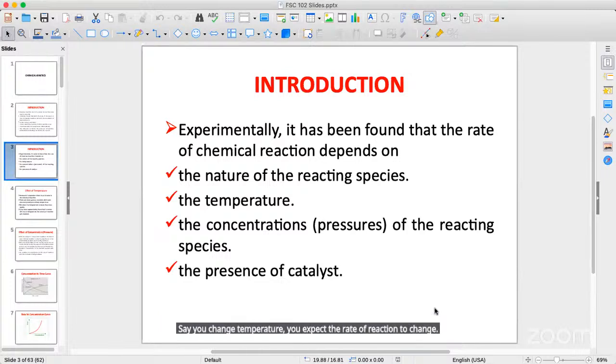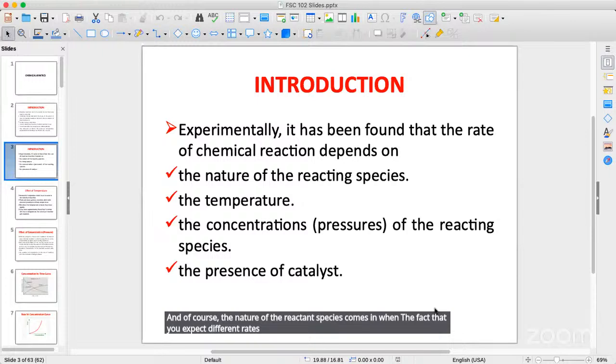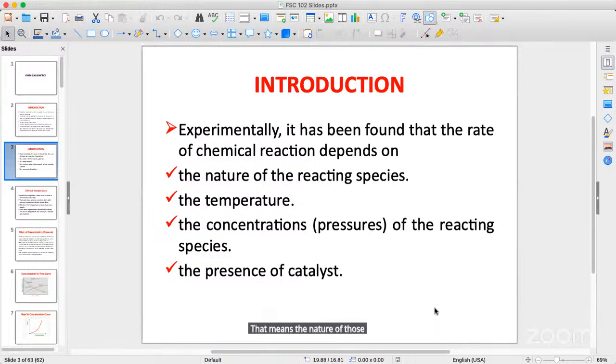You change concentration or pressure, you expect the rate of reaction to change. If you introduce a catalyst, you expect the rate of reaction to change. And of course, the nature of the reacting species comes in, since you expect different rates for different chemical species. That means the nature of those species actually plays a part in the rate at which their reaction occurs.